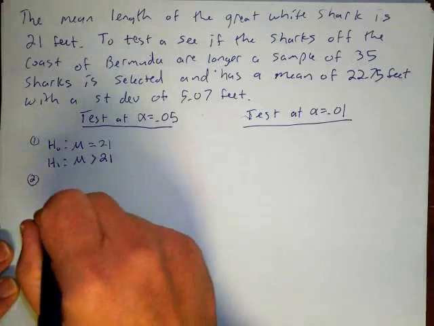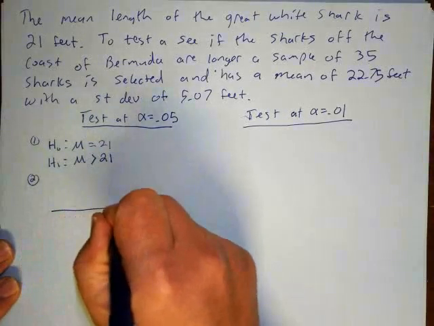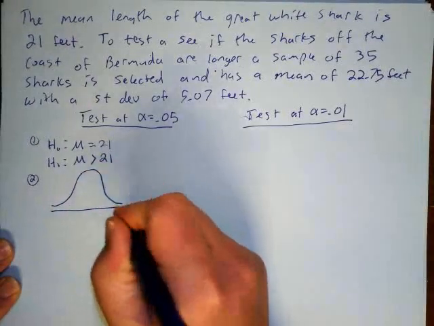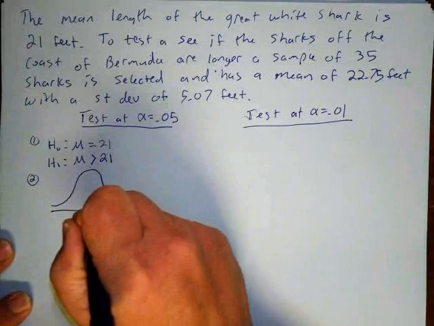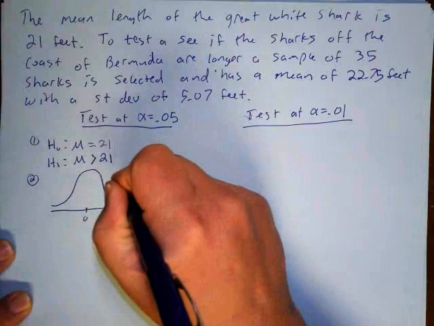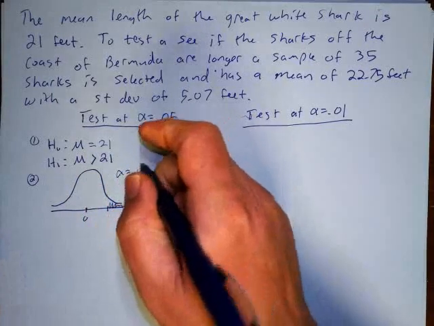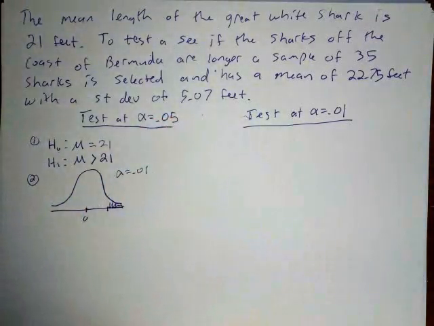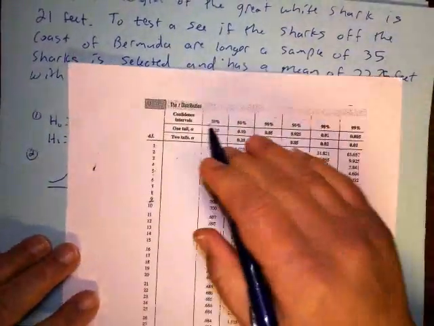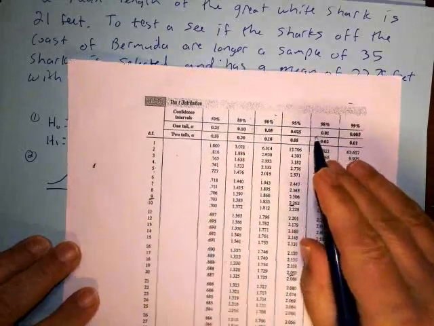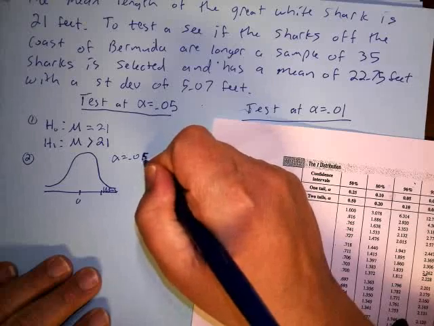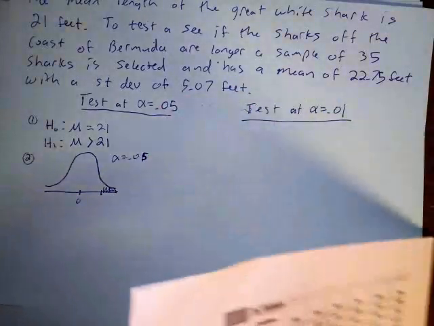Now I need to determine the rejection region. This is a right-tailed test, so I'm going to shade the right tail. Going to our table, this is a one-tailed test, so I go to one-tailed alpha, which in this case is 0.05, and our next test will be 0.01.